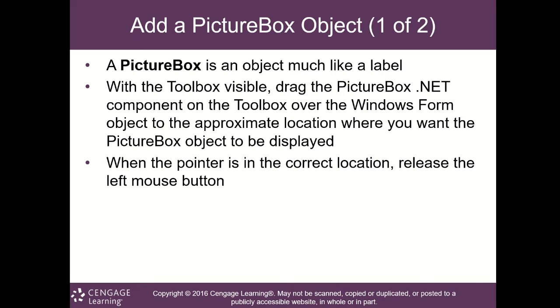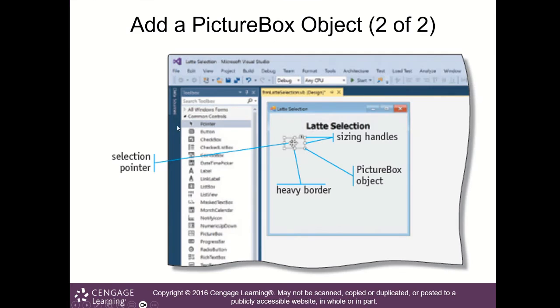This is a .NET component and you have to drag the picture box on the toolbox over the Windows form where you want the picture box object to be displayed. When the pointer is in the correct location, you need to release the left mouse button. Okay, so it will be like that.